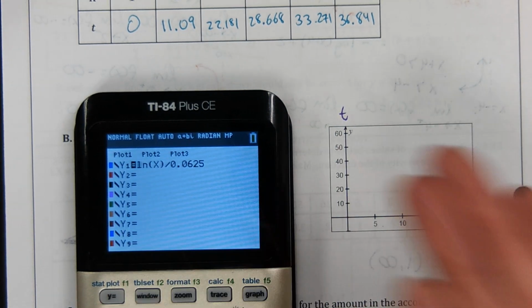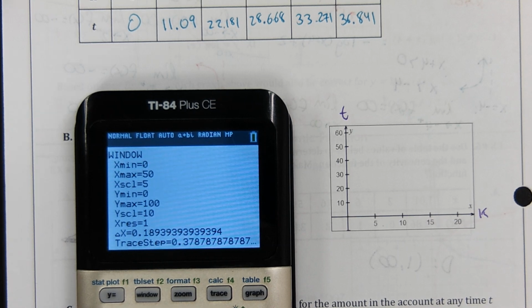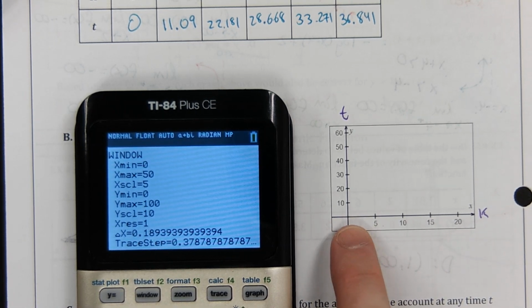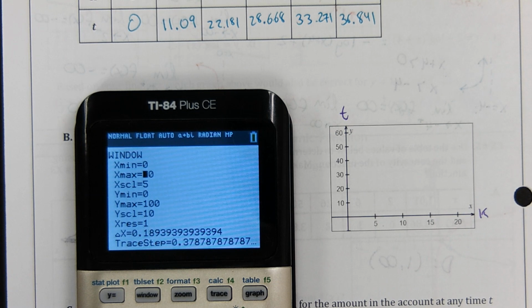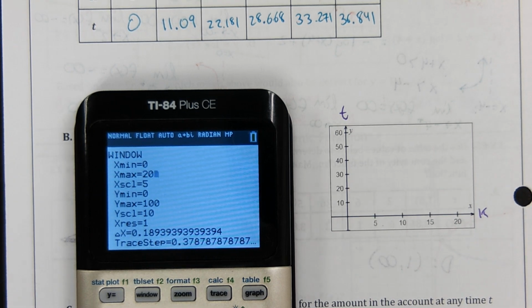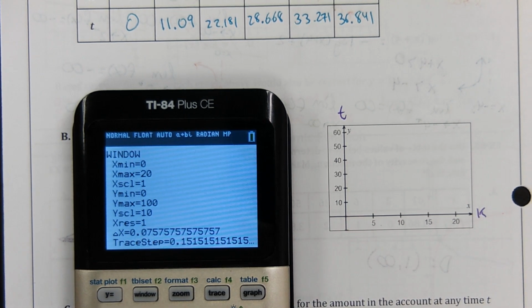I mean, I already had it there, right? I'm going to go to my window. I'm going to have my x's, which are my k values, go from 0 to, it looks like they went to like 22.5. I'm just going to go 0 to 20. And my y minimum, which is time, goes from 0.